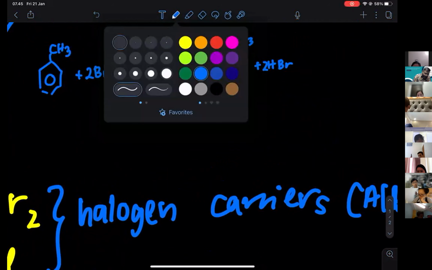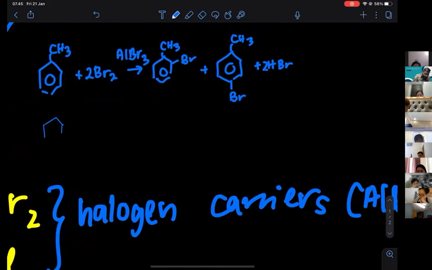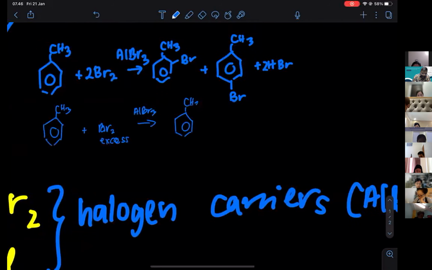For example, CH3 with Br2 now in excess, with AlBr3, you are going to get CH3 with Br here and Br here.